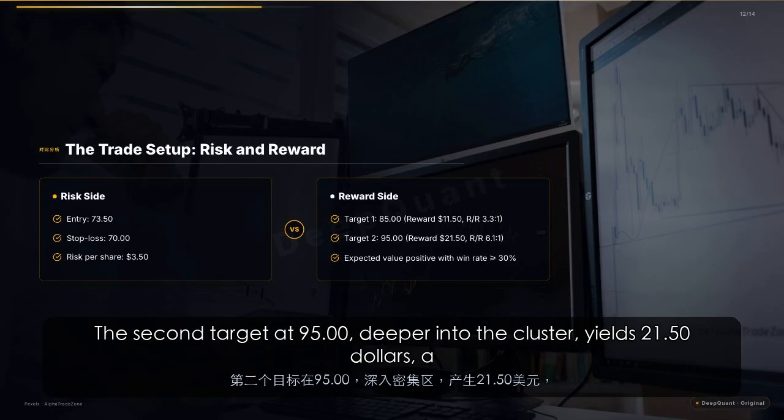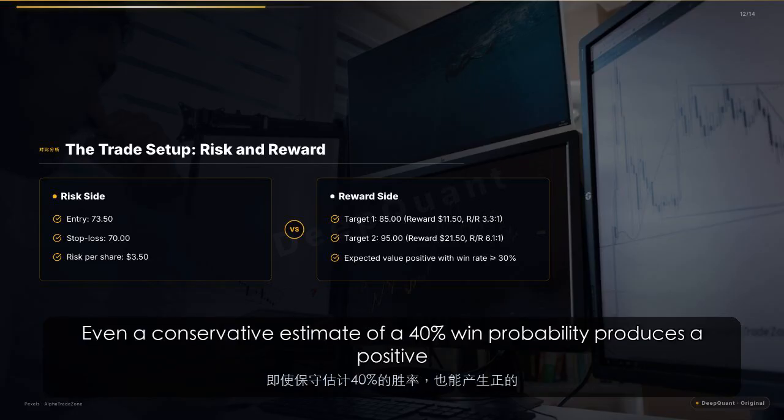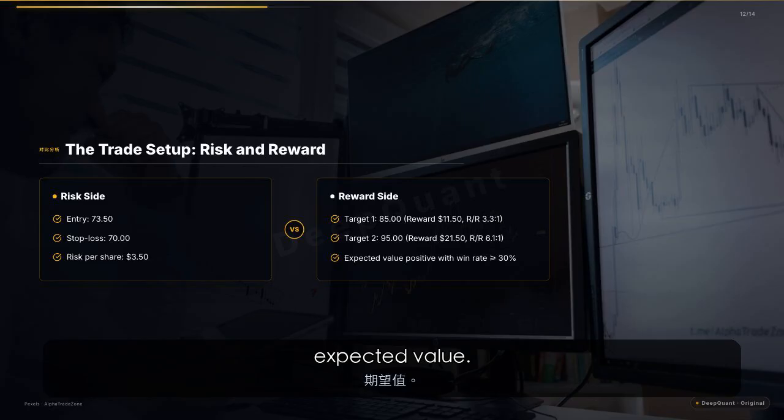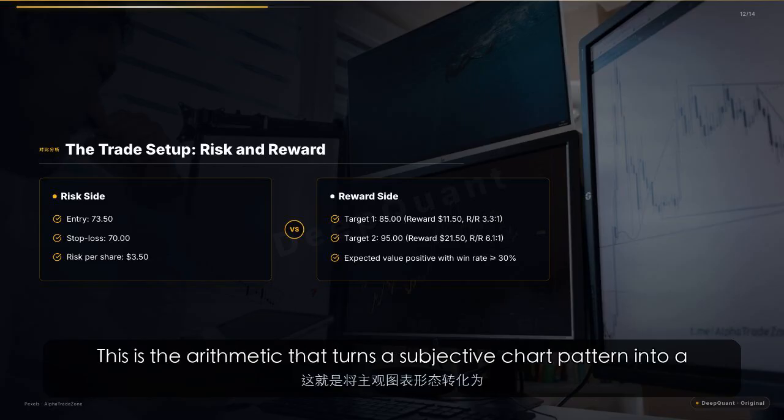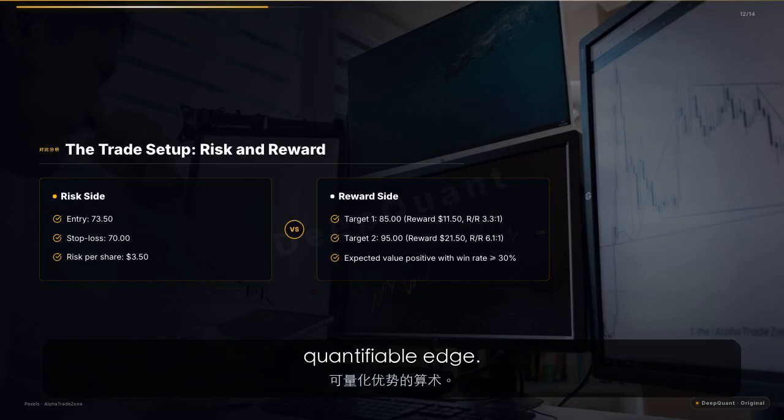The second target at 95.00, deeper into the cluster, yields $21.50, a ratio of 6.1 to 1. Even a conservative estimate of a 40% win probability produces a positive expected value. This is the arithmetic that turns a subjective chart pattern into a quantifiable edge.